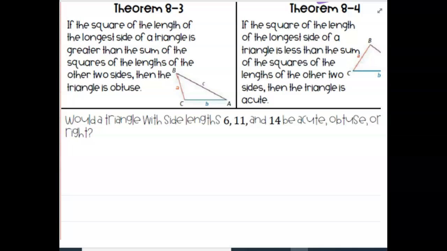You're going to square it, and you're going to compare that number to the sum of the squares of the other 2. You're going to square them and add them, just like you do with the Pythagorean theorem. When you compare those 2 numbers, if the square of the longest side is greater than the sum of the squares of the other 2, it's obtuse. And if it's less than, then it's acute. That's what these 2 theorems tell me.